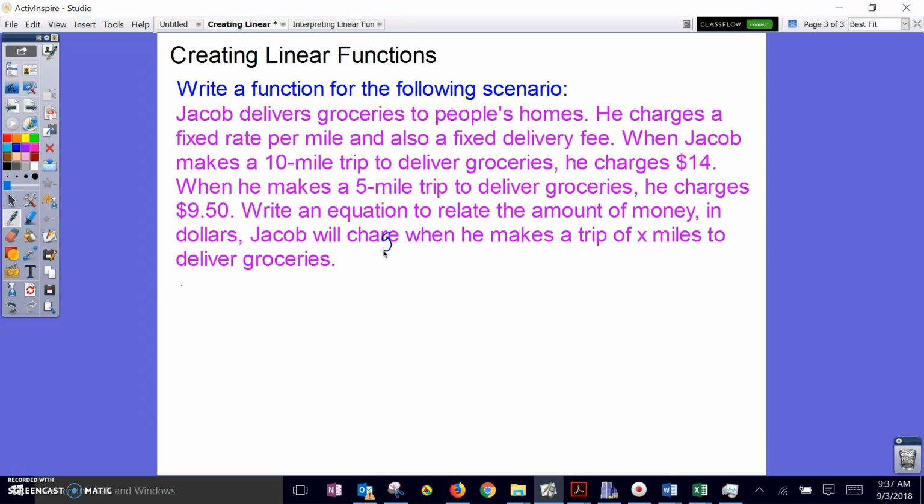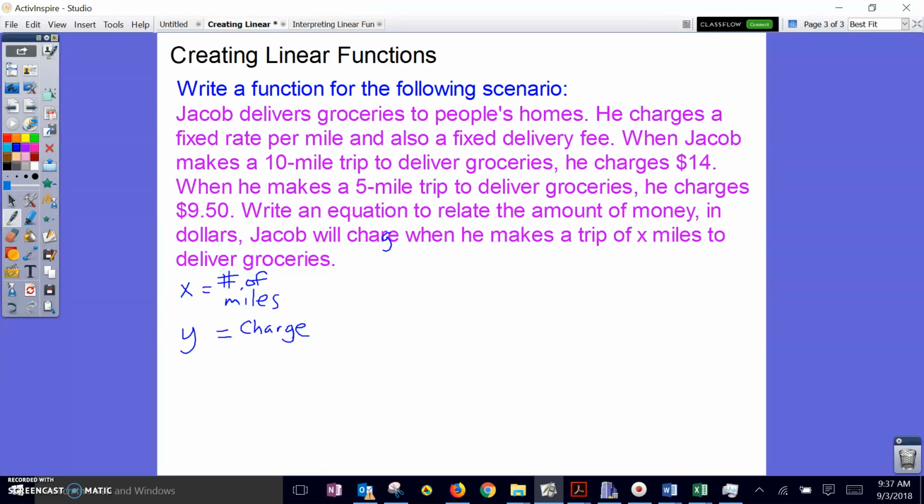So we let X equal the number of miles, since it kind of told us that in the question. And what's the other variable? It's the charge. Maybe since we used X for number of miles, we'll make Y the charge.